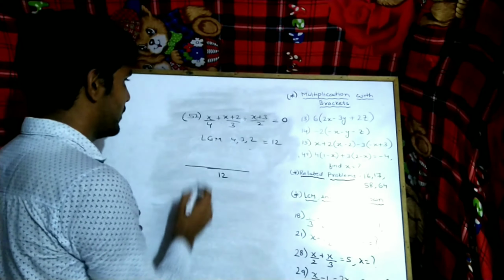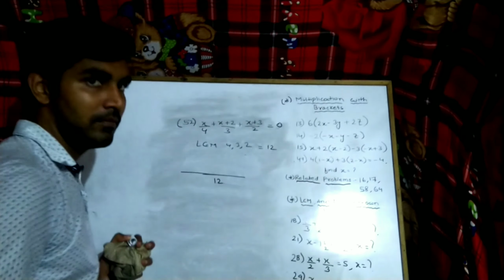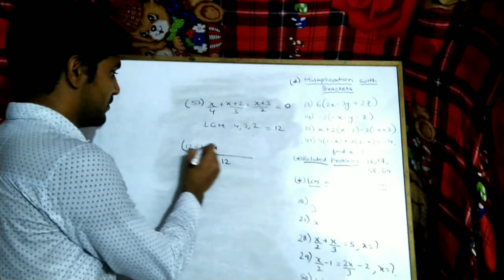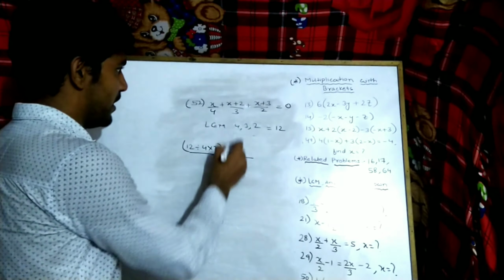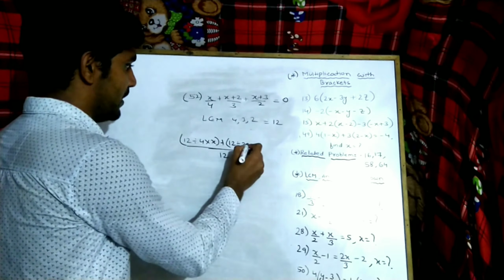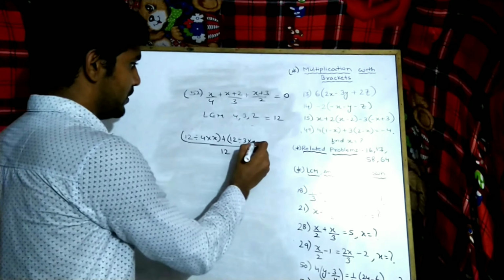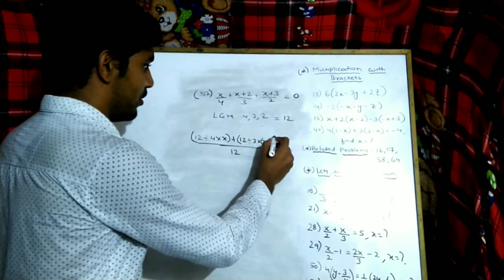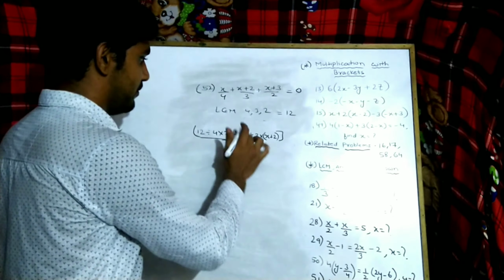Now 12 is the LCM. Now 12 divided by 4 into x plus 12 divided by 3 into x plus 2. Right. Okay? Small bracket, this becomes bigger bracket.